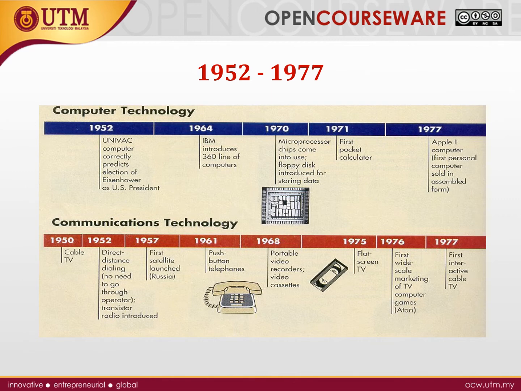And then push button telephones in 1961, and the first portable video recorder, video cassette, in 1968. And then flat screen TV and so on, and in 1977 the first interactive cable TV.